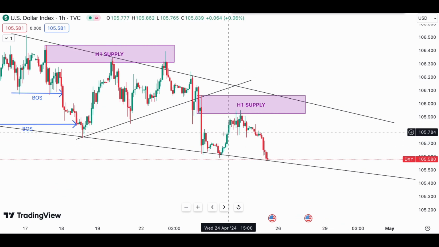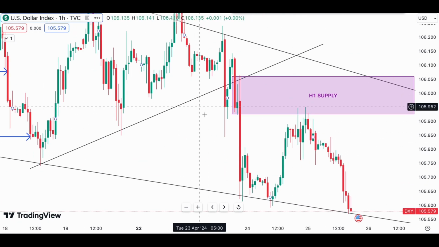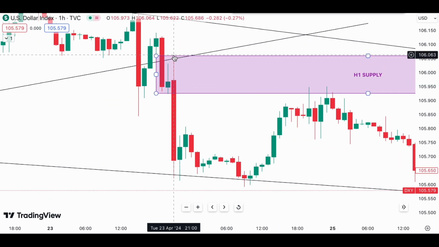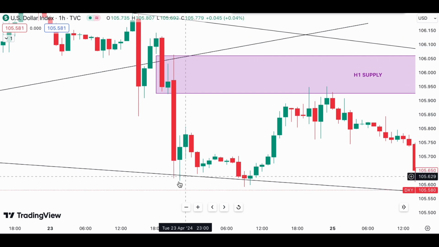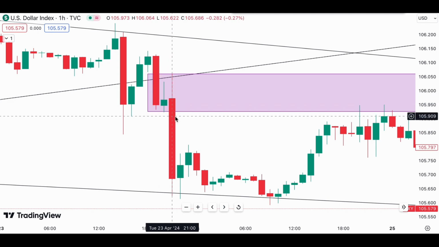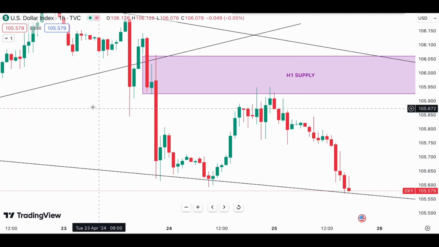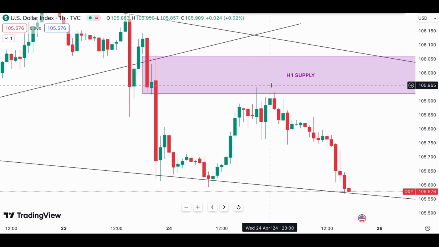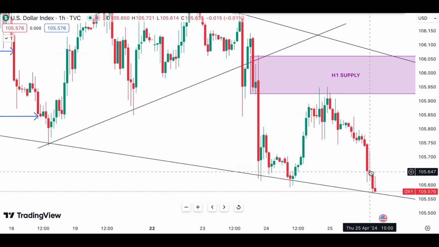So this is where the breakout happens, and it leaves a strong supply zone behind. Can you see, this is a very strong engulfing candle, with big candles, and it leaves a zone behind. Then when the price retests the zone slowly, it immediately gets a rejection again from the zone.